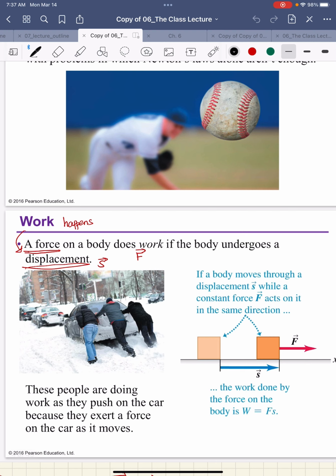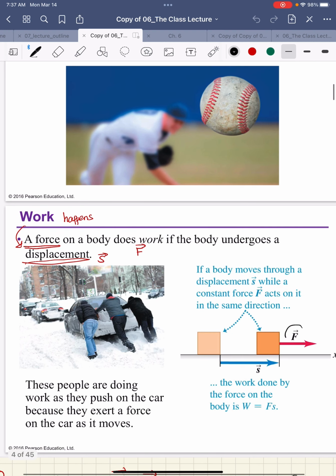Now, there is most of the time a force acting on the object, and if that force was successful in moving the object at displacement S, then there is work done on that object. In this exact example we have W equals Fs, but the most general is that the work is the force times displacement times cosine of the angle between the two vectors.